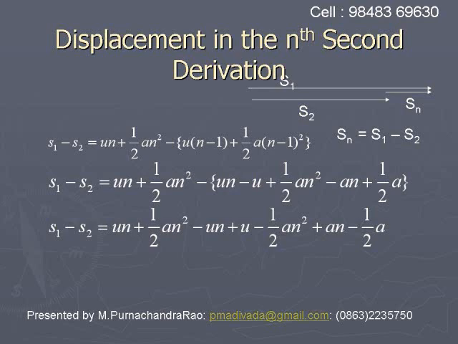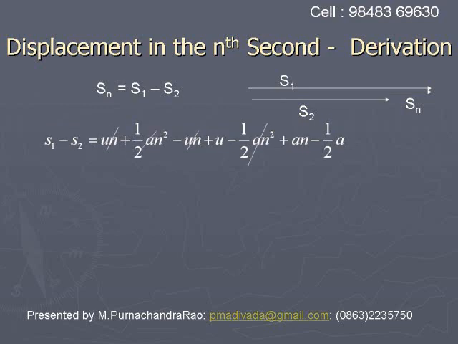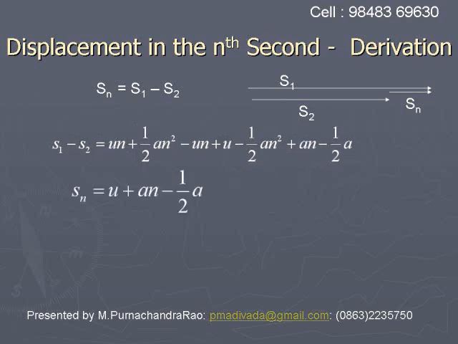Next, let us simplify this further. un minus un gets cancelled, half an square minus half an square gets cancelled. So we will be left with u plus an minus half a.